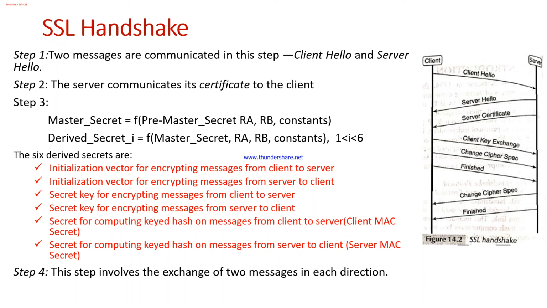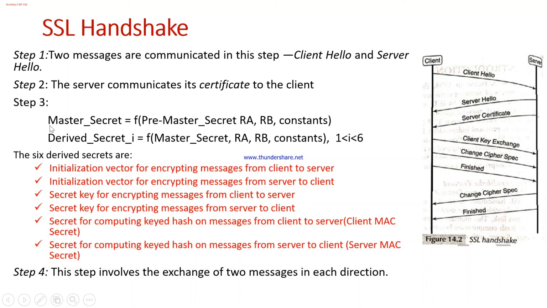Two nonces will be exchanged, RA and RB, which I spoke about before, and those are to avoid the replay attack. So whatever random numbers got generated will be used to generate the master secret.